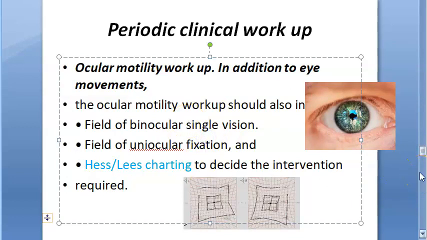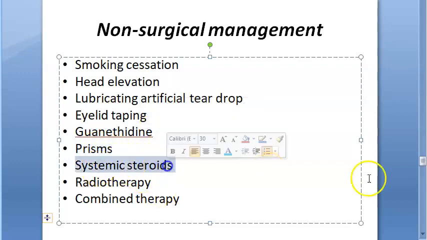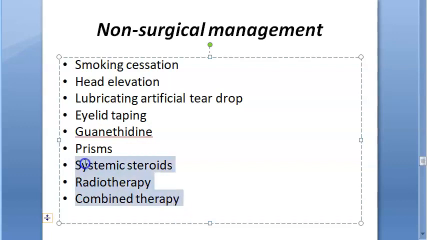You'll keep checking their ocular motility with the Hess chart and all that.